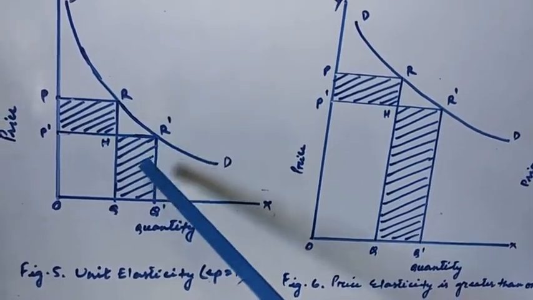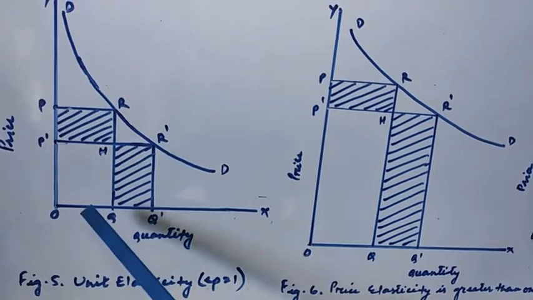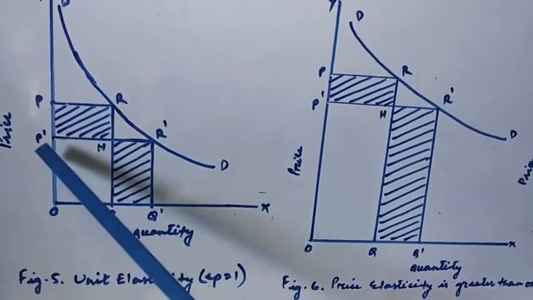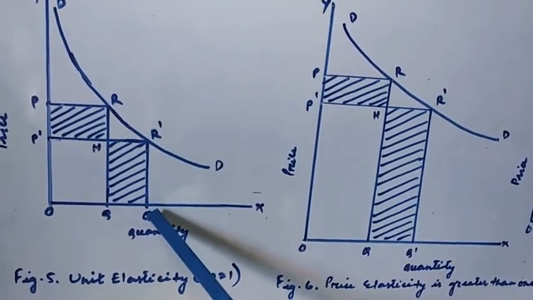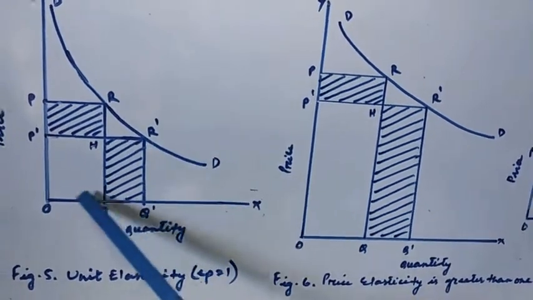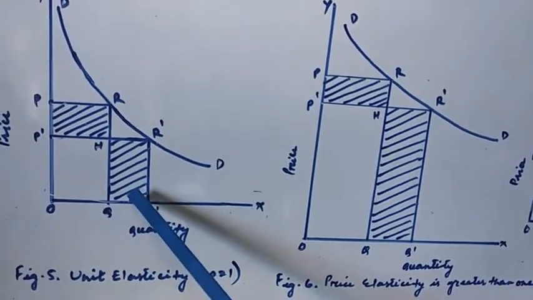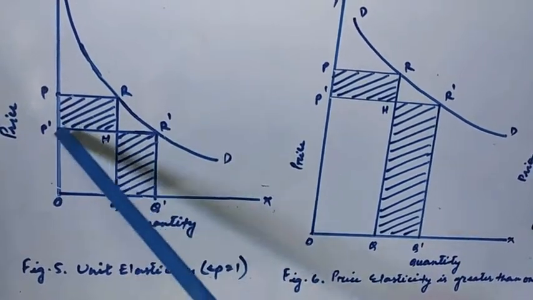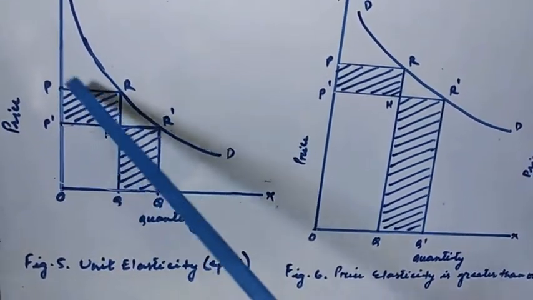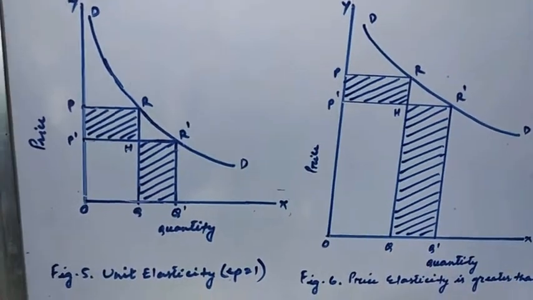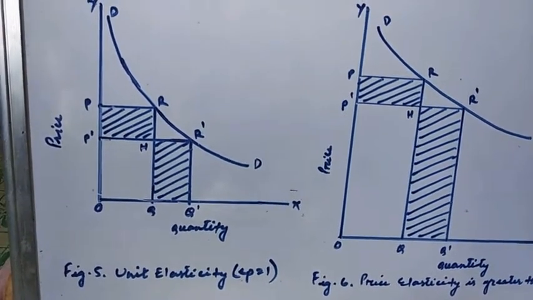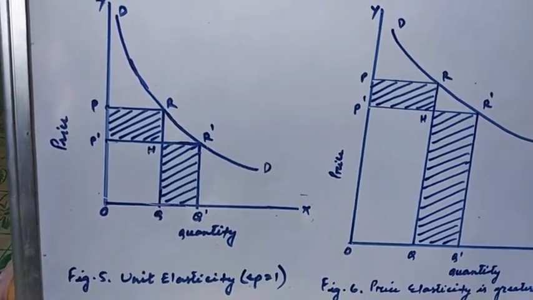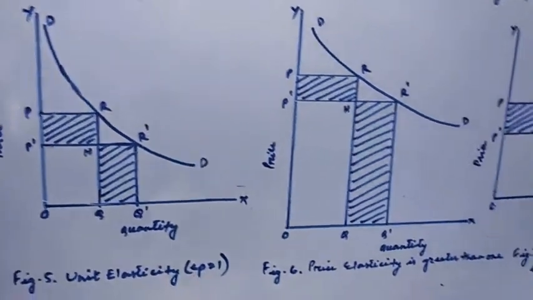In other words, we can say that OP dash R dash Q dash, this box, is equal to OPRQ. So this box is equal to this box. So this is a case of unit elasticity where price elasticity equals 1.